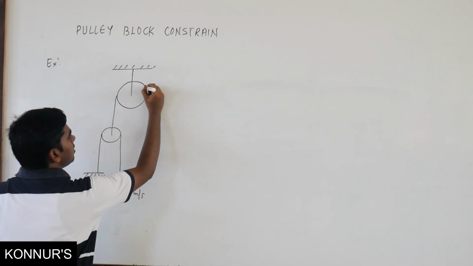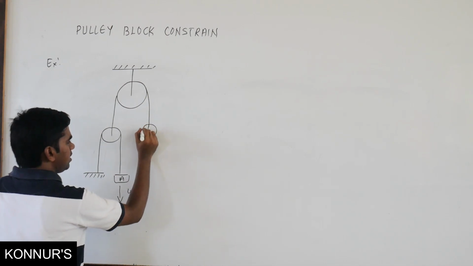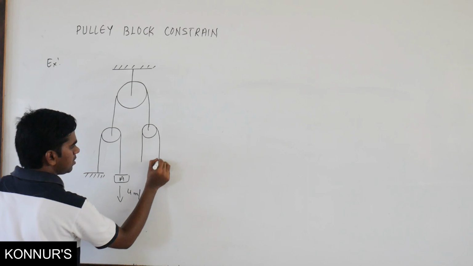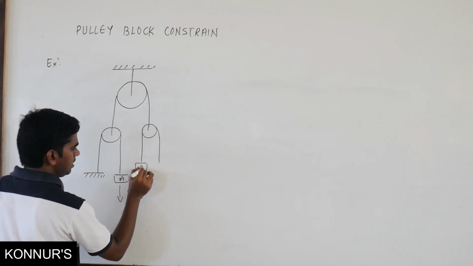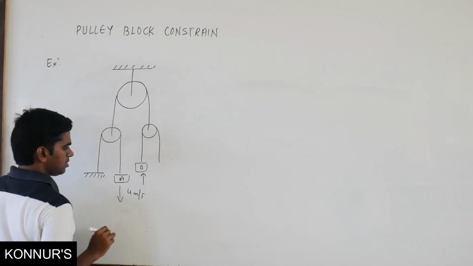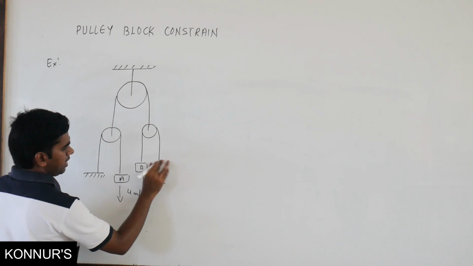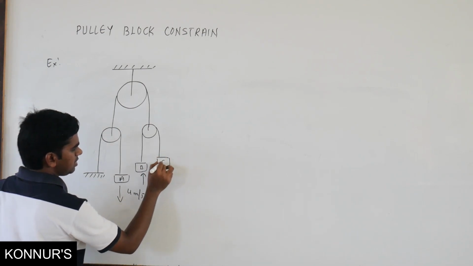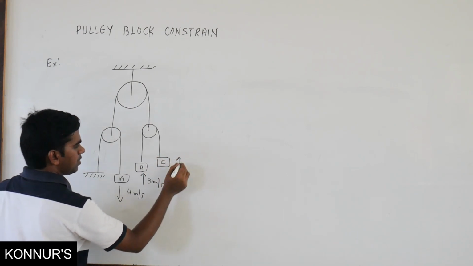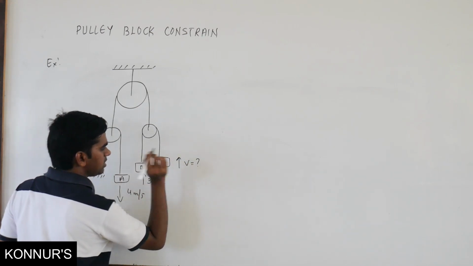Similarly, another pulley is connected here, and here two masses are connected. One is mass B, which is moving in upward direction with a velocity, say, 3 meter per second, and another mass C is connected here, which may or may not move in upward direction. They are asking velocity of C only.